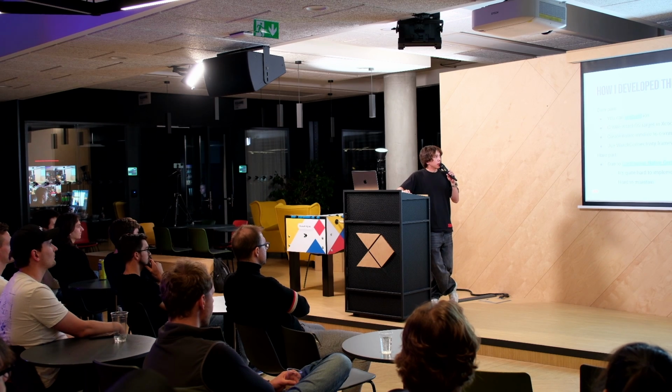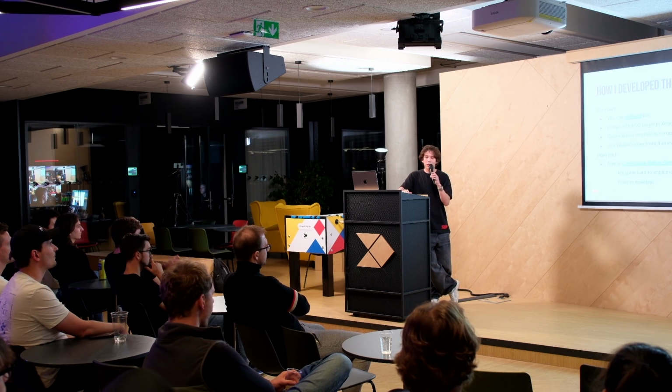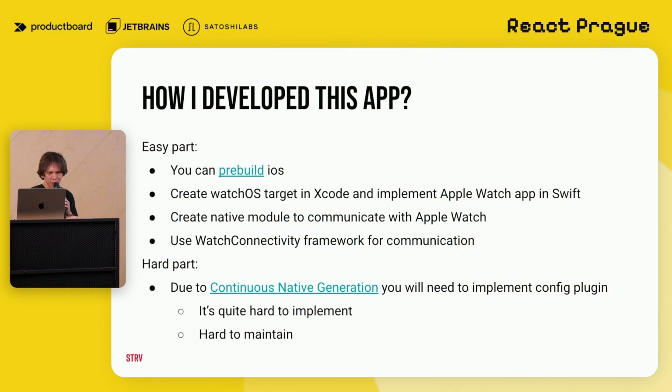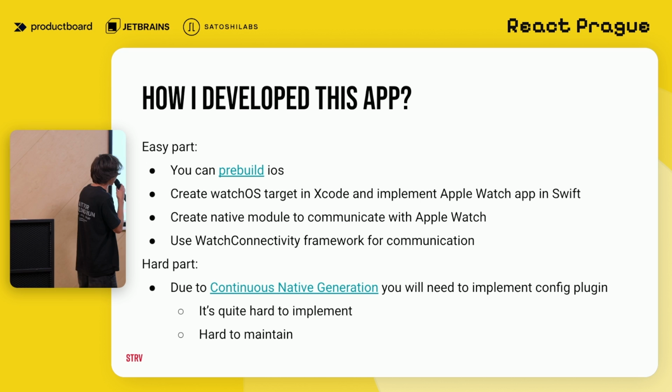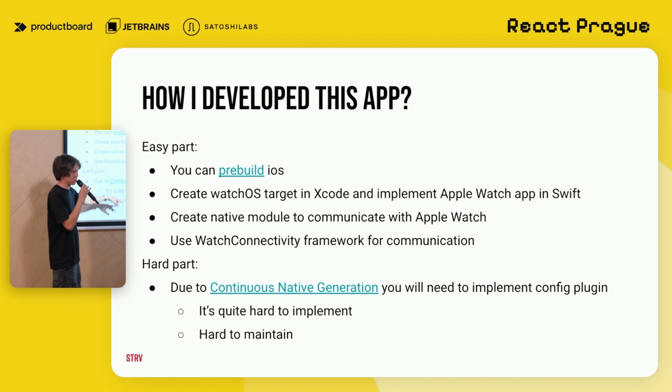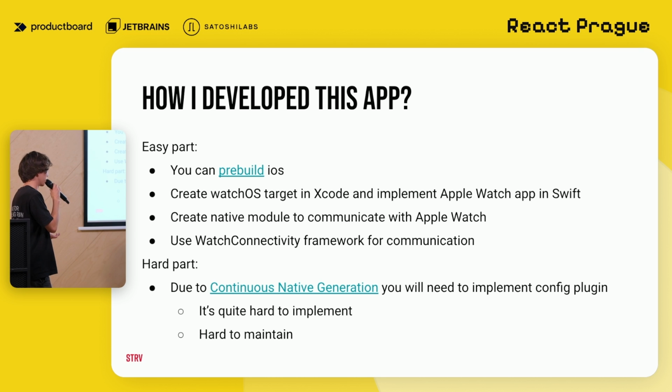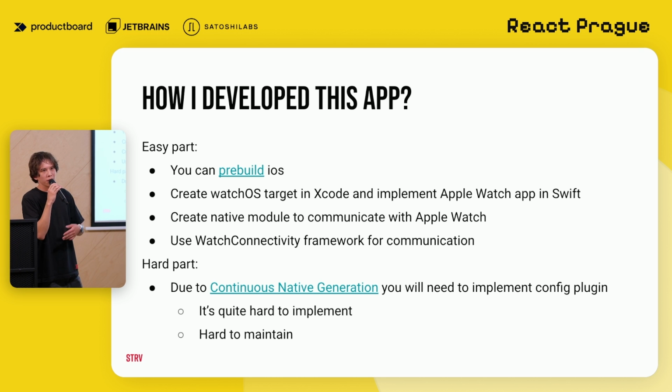And this is the easiest part. The hard part is to develop a config plugin. It's a little bit hard to explain, especially without my notes, but Expo has a technology called Continuous Native Generation, which means that when it builds the iOS project, it uses the config plugin.